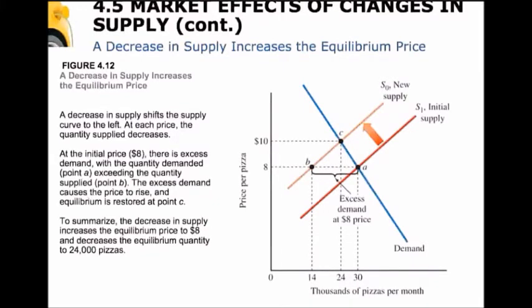If there's some change in a variable which decreases supply or shifts the supply curve to the left, we now have a new supply curve, S0, with a new equilibrium at point C. At this new equilibrium, there's a higher price level in the market and fewer pizzas being produced and purchased. So the quantity has gone down and the price has gone up.